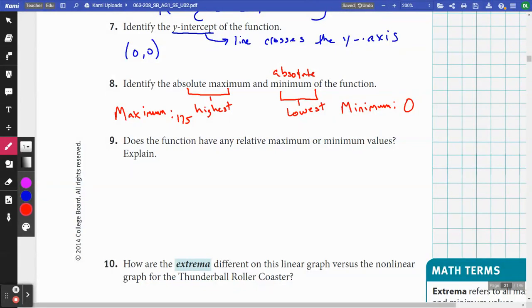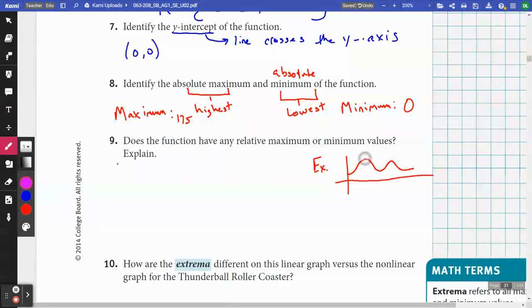Does the function have any relative maximum or minimum values? Explain. Okay. Well, in order for it to have a relative maximum or relative minimum, again, if we look at that example that we had for the first one, where the roller coaster did this, it had relative maximums and minimums.